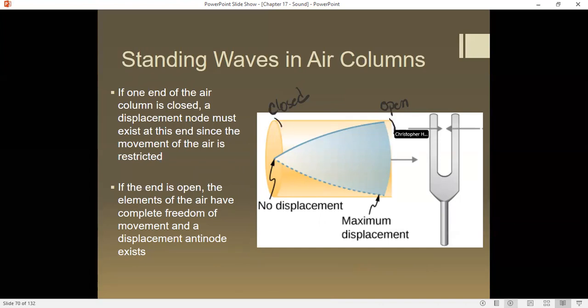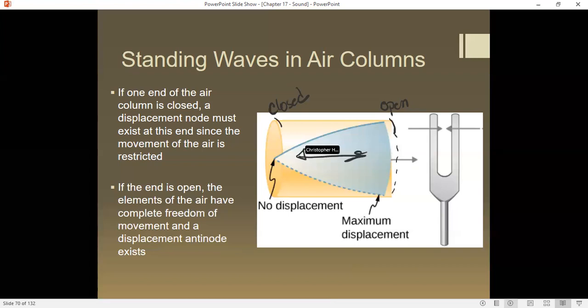That's an interesting thing. Anytime we abruptly change the medium for a sound wave, we're going to get a reflection, even if that's just an opening to a larger space. So we actually get a wave that's going to vibrate back and forth within this air column.